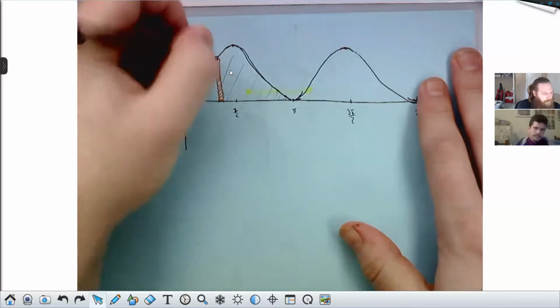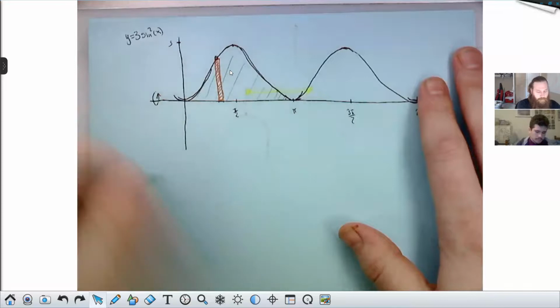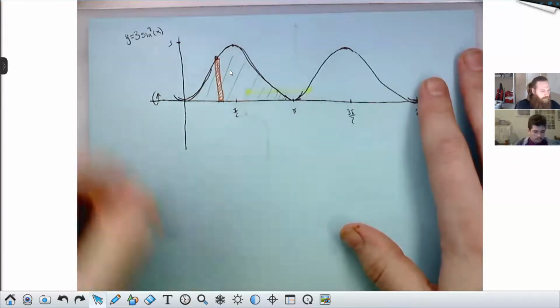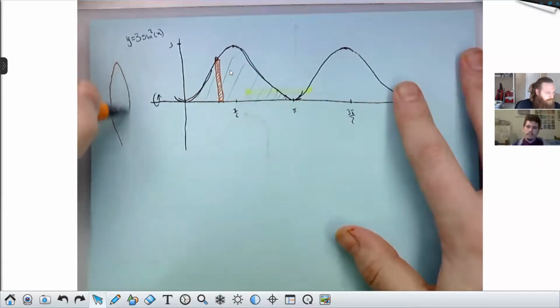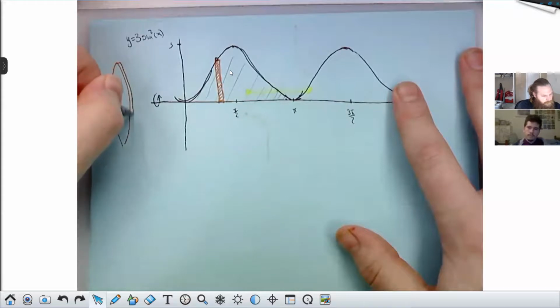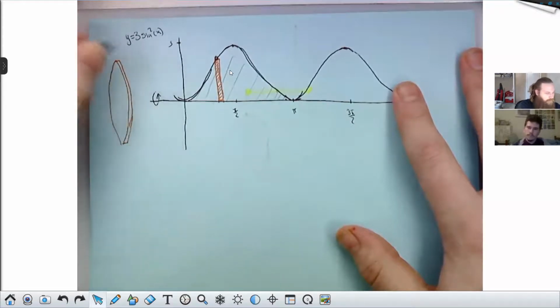So I need to cook up a few things, right? If I rotate just that object, I'll get a disk. There's no inner gap here, because there is no gap between my axis of rotation and the bottom end of my strip. So if I rotated just that little slice, I would get something looking like this.